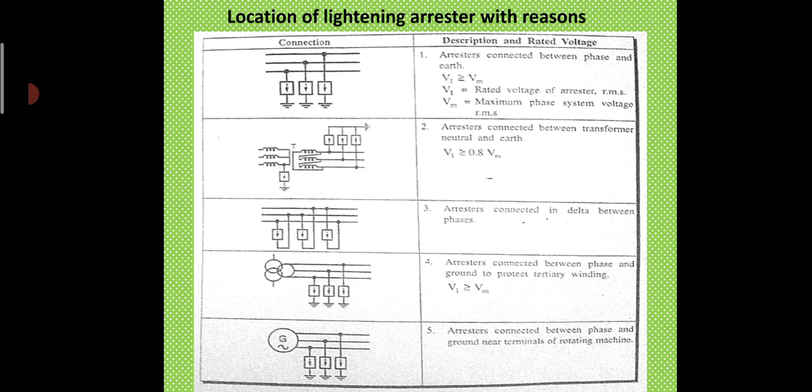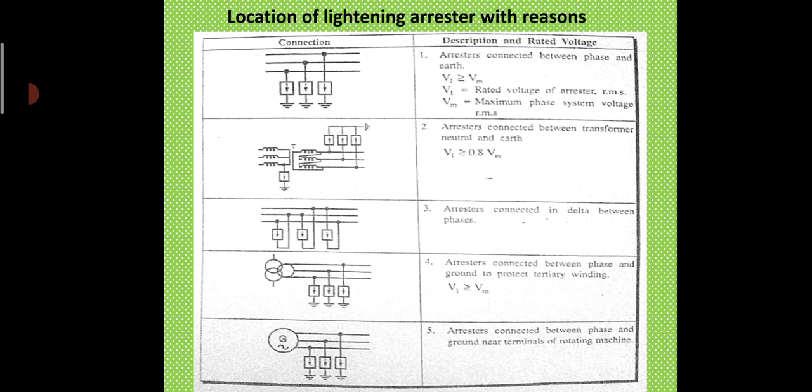Here in this table, first is the connection description and rated voltage: arrestor connected between phase to phase and earth, V1 greater than or equal to Vm. V1 is the rated voltage of the arrestor. Vm is the maximum phase system voltage. Second is arrestors connected between transformer neutral and earth, V1 greater than or equal to 0.8 Vm.